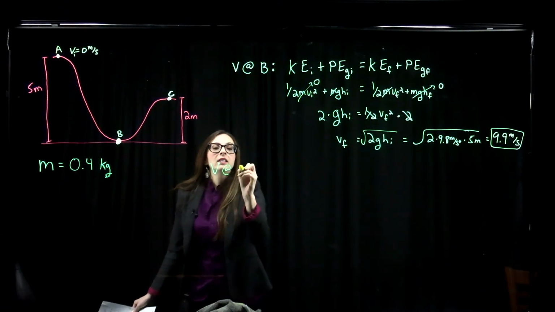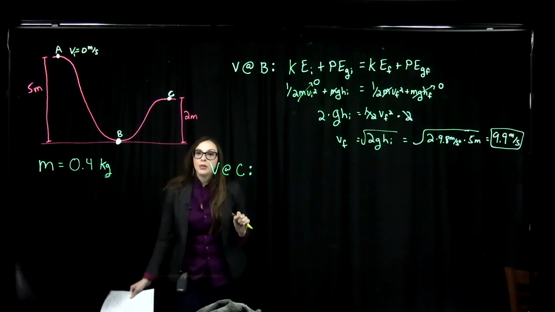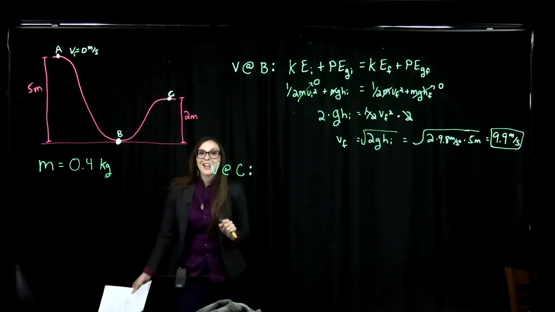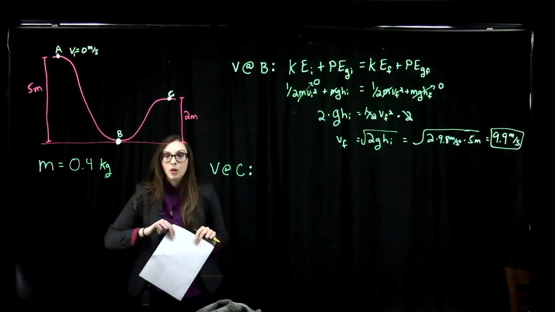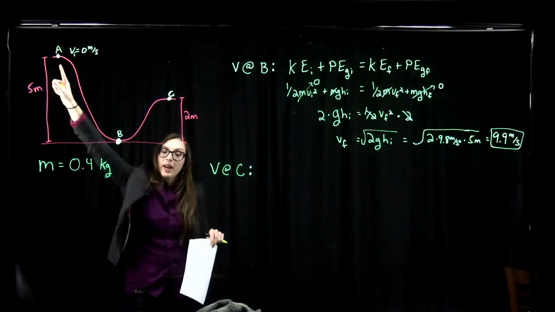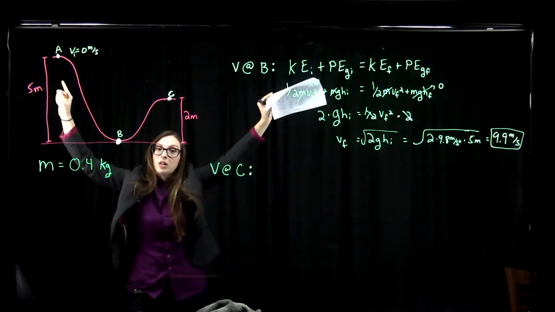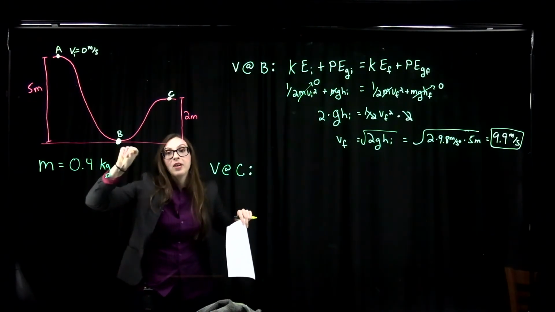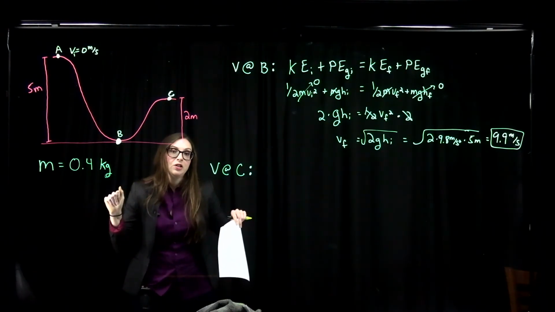Velocity at C. There are a couple of different ways we can solve it. It doesn't matter where we start from. We could start from point A and use that as our initial condition for initial kinetic energy and initial potential energy, or we could use point B to give us our initial kinetic energy and our initial potential energy.